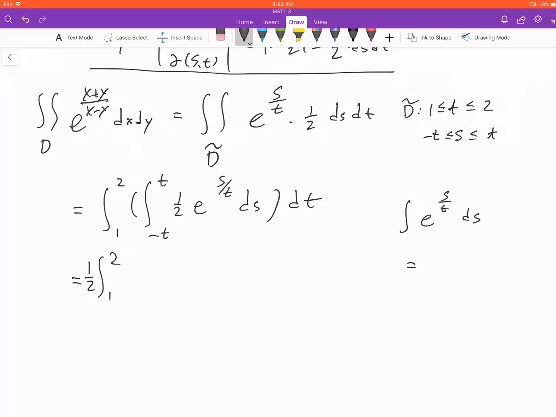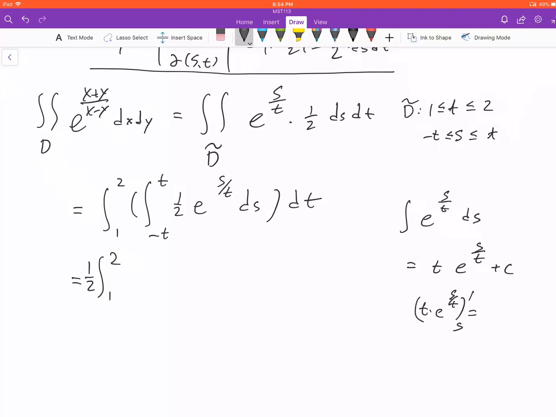This is going to be something like e to the s over t, but you actually need to put t over here in order to have the right antiderivative. If you take the derivative with respect to s, you'll get e to the s over t.